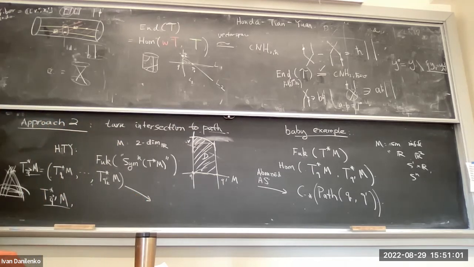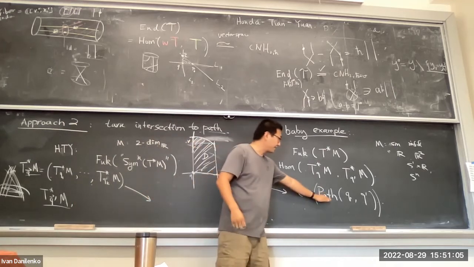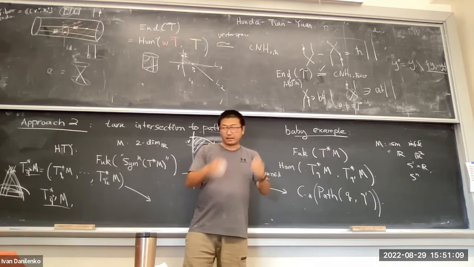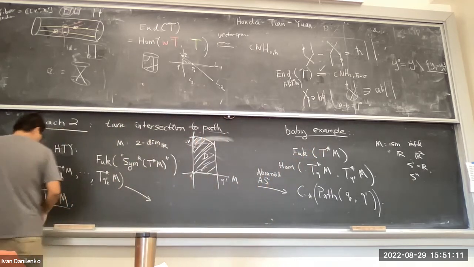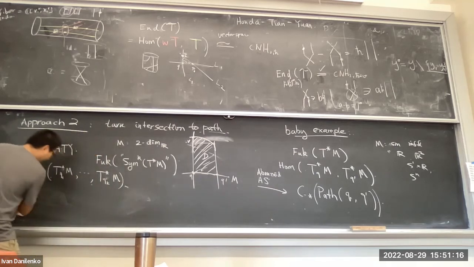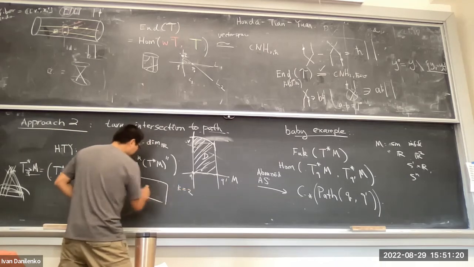Okay. And you can't claim victory yet, because the trouble is that this map at the level of the path is not well defined. It depends on perturbation data. A simple example is the following: if I want to swap, say, in the case where k equals 2.